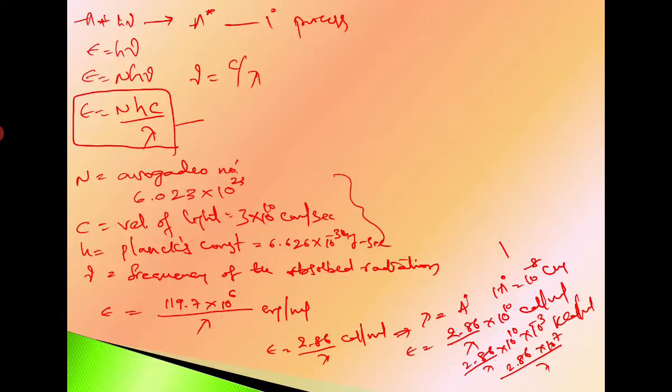And we have seen the basic laws of photochemistry which govern photochemical reactions, that is Grotthuss-Draper law and Stark-Einstein law. With this I conclude today's session, and in the next session we will discuss the topic quantum yield, which is the most important topic from this lesson.